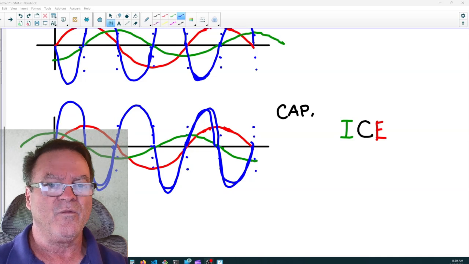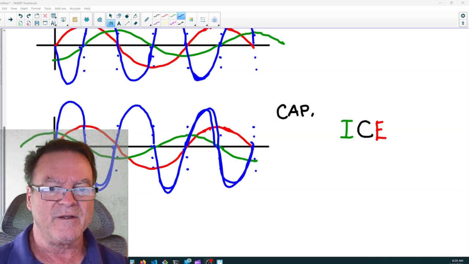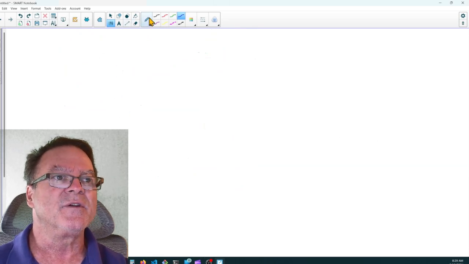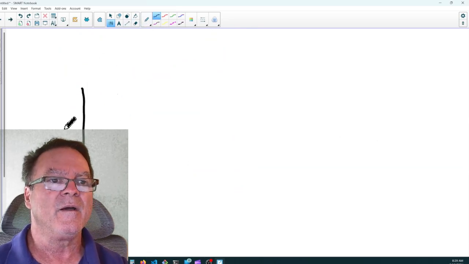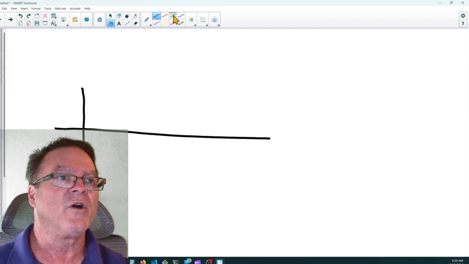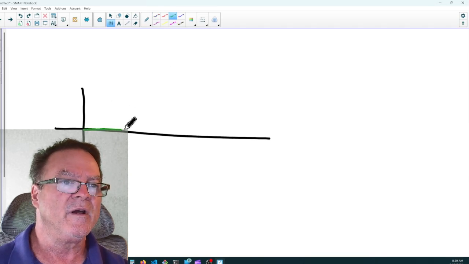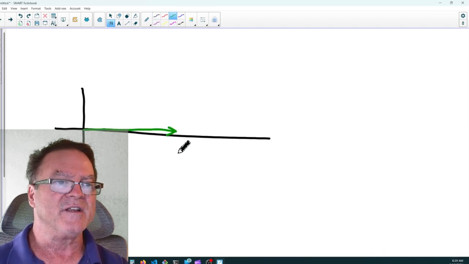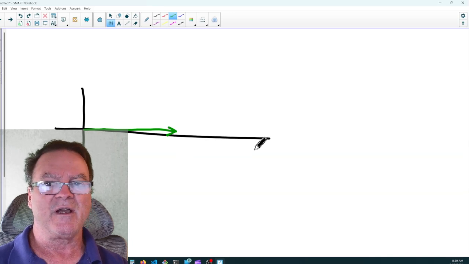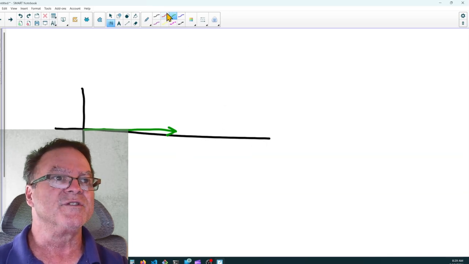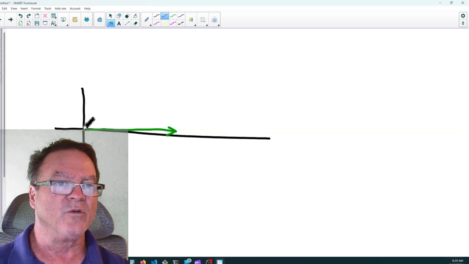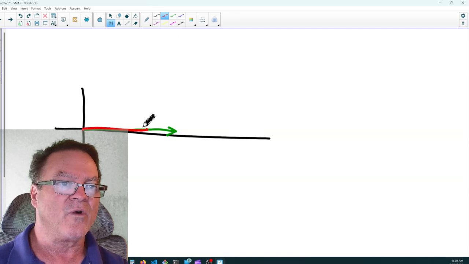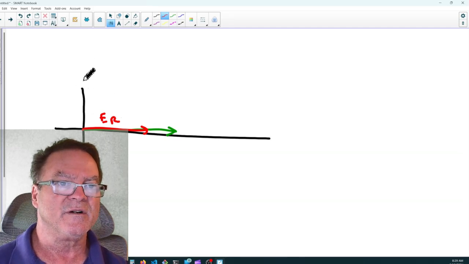So what we have to do is think about, in a simple series circuit, the current is going to be in phase because the currents all happen at the same time. The voltages are going to change. We're going to have a voltage drop across our resistor, and a voltage drop across our inductor.